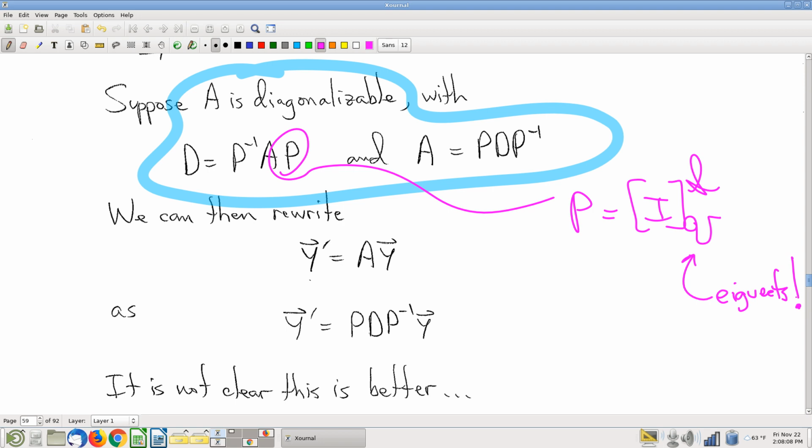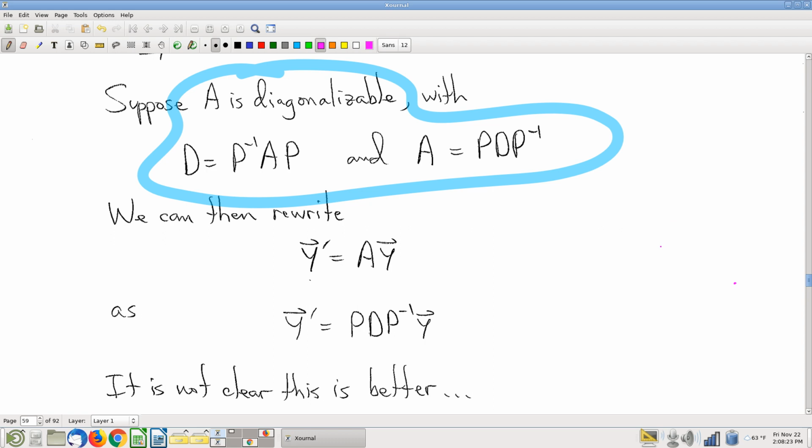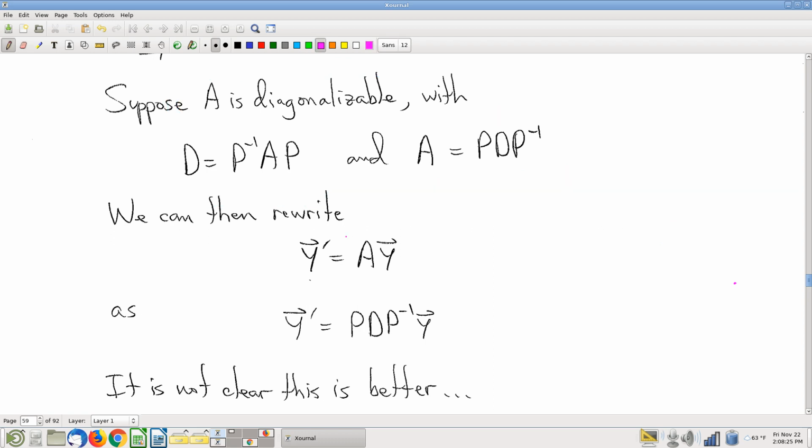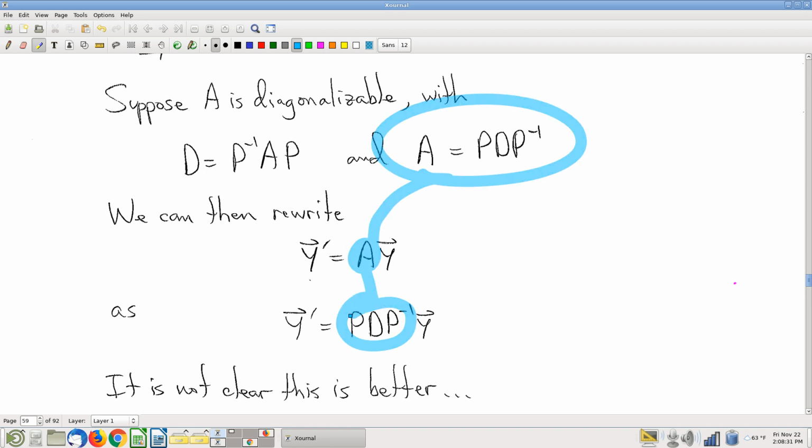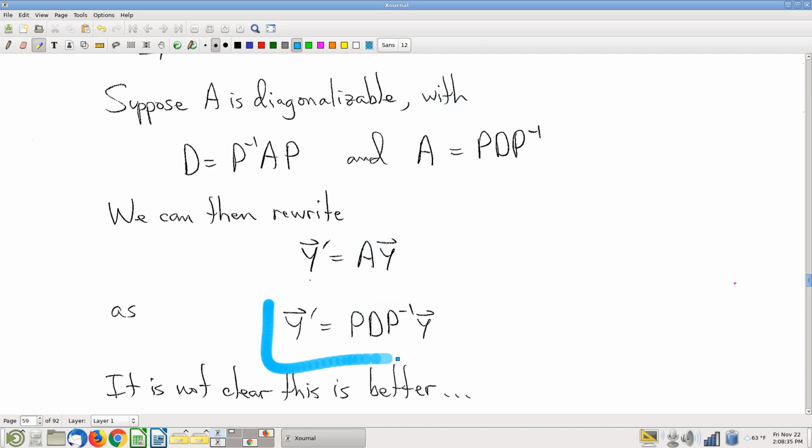Okay. And that being the case, the matrix is a conjugate of a diagonal, and that diagonal is a conjugate of the original matrix. Okay, so what I'm going to do is take this formula for A. I'm going to put it right in there, like so. And now here's our new system.